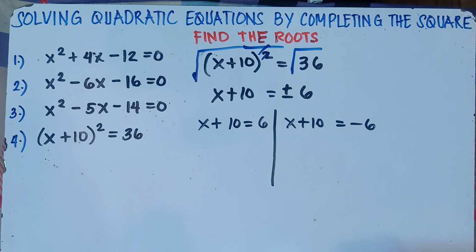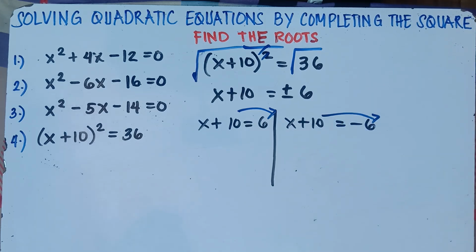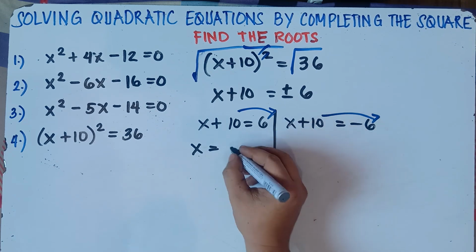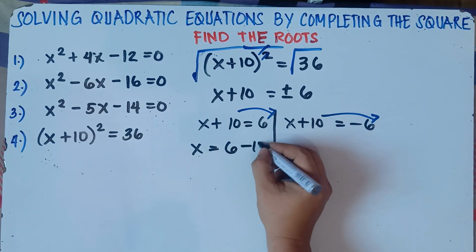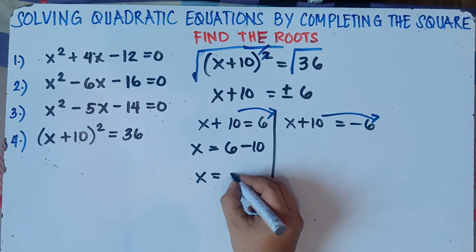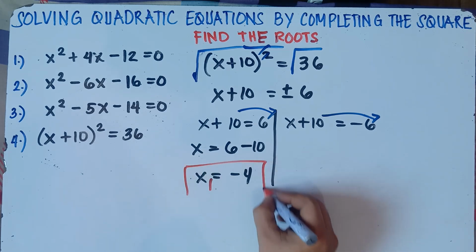We transpose 10 from left to right. So do not forget, class, to change the sign. This will be x equals, this is positive 6. We transpose 10, this is positive, it will be negative 10. And x equals 6 minus 10, that's negative 4. This will be our x sub 1, class, for number 4. Easy, right?